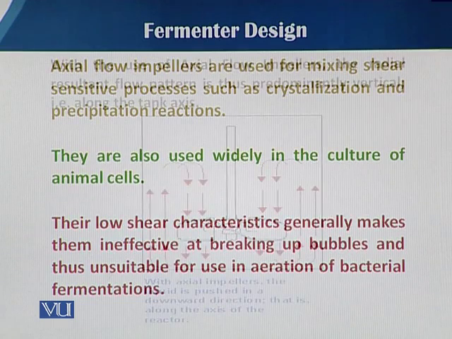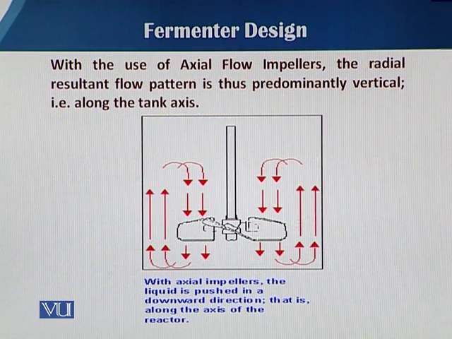In this slide and diagram you can see the direction of the flow of the medium inside the fermentation vessel when the axial flow impellers move. With axial impellers, the liquid is pushed down.